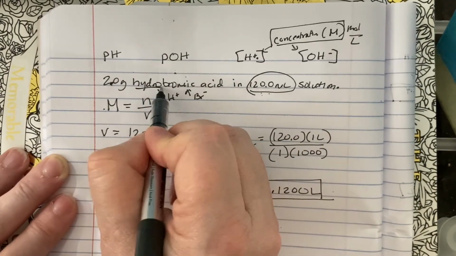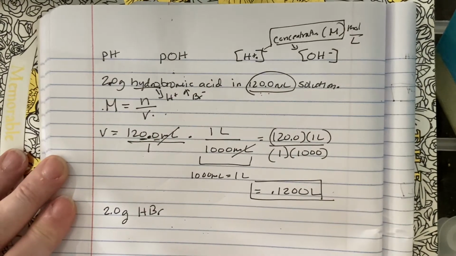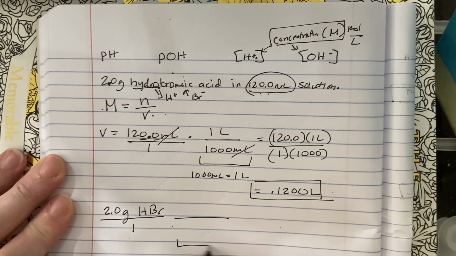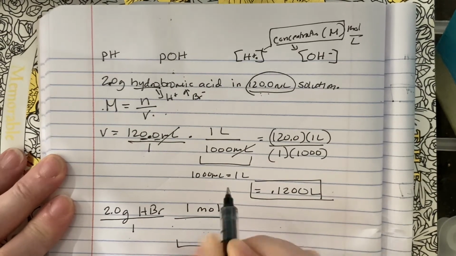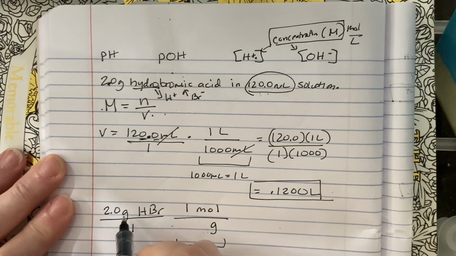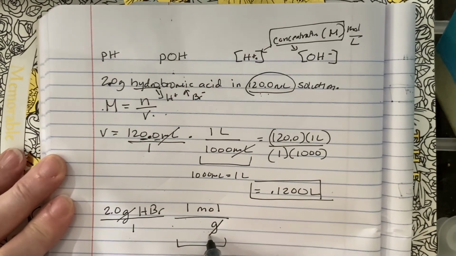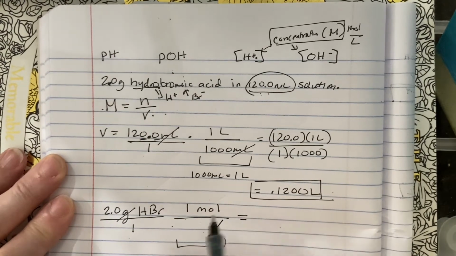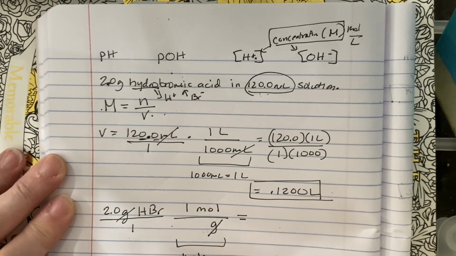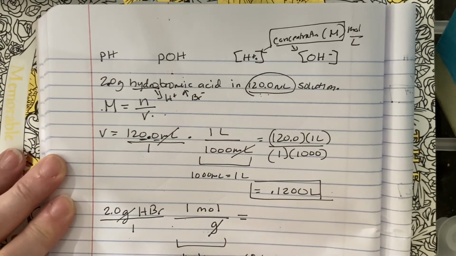Because whenever there's hydro in front, it means hydrogens and no oxygens. 2 grams of hydrobromic acid have to be converted to moles. The unknown always goes on top. The known goes on the bottom. We know we have grams, and we want moles. To go between grams and moles is molar mass, because molar mass's units are grams per mole.